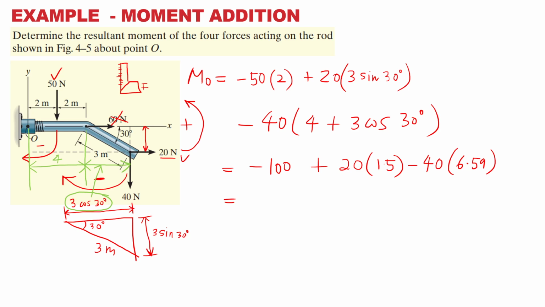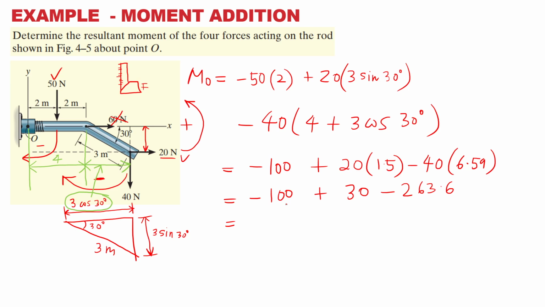So add in all lah. I'm not gonna skip steps. Just follow through lah. 20 kali 1.5. 30. Negatif, positif, negatif. 40 kali 6.59. 263.6. So dapat jawapan.